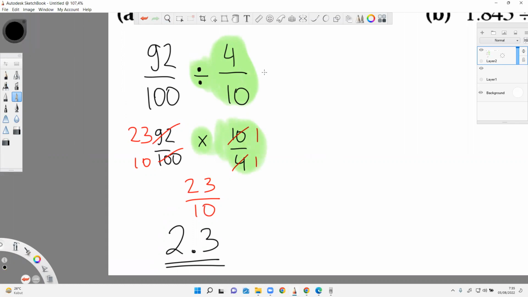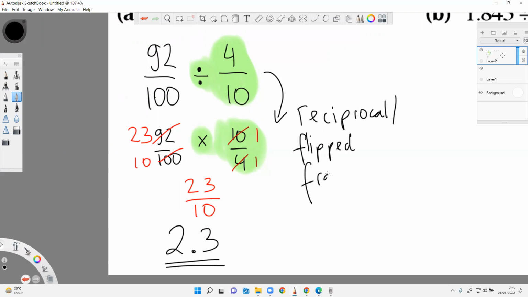What is reciprocal? The flip version of the number. Reciprocal or flip. What is it? Flip the fraction. You change the denominator by its numerator. That is the difference in the division of fractions.